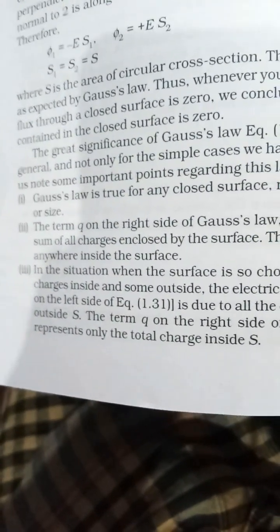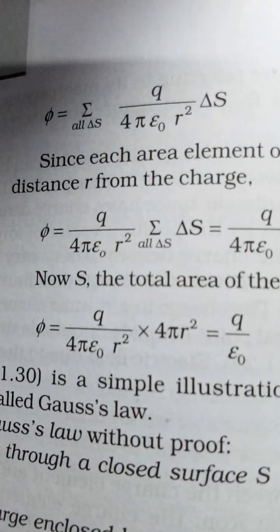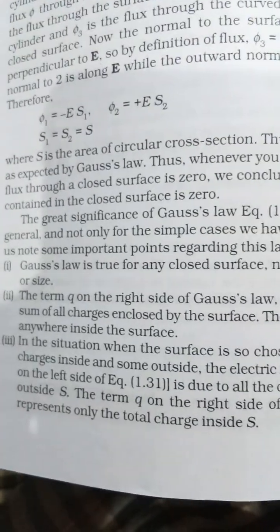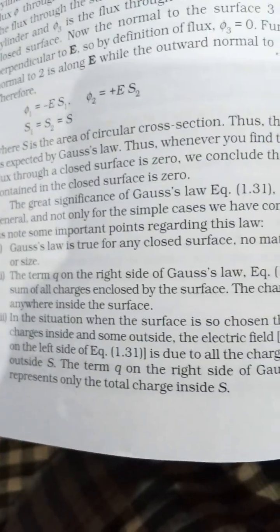The term Q on the right side of Gauss law, equation 1.31, includes the sum of all charges. So you will see summation symbols here, the charges enclosed by the surface. The charges may be located anywhere inside the surface.